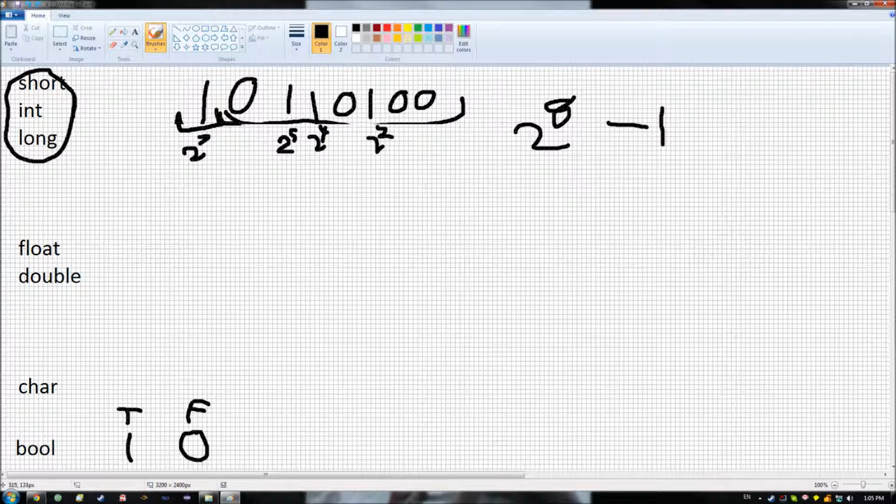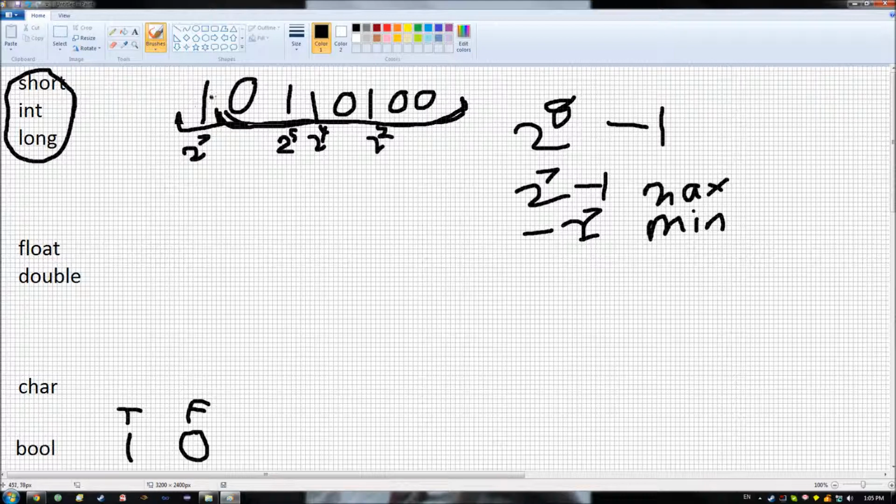Or, in the event it's a signed integer, we then go from, okay, positive 2 to the 7 minus 1, because 0 is being counted as a positive, and this happens to be our maximum. I'm just going to write down max over here, and then our minimum happens to be negative 2 to the 7, because we're allowing it to use all of these 7 bits in order to do that.